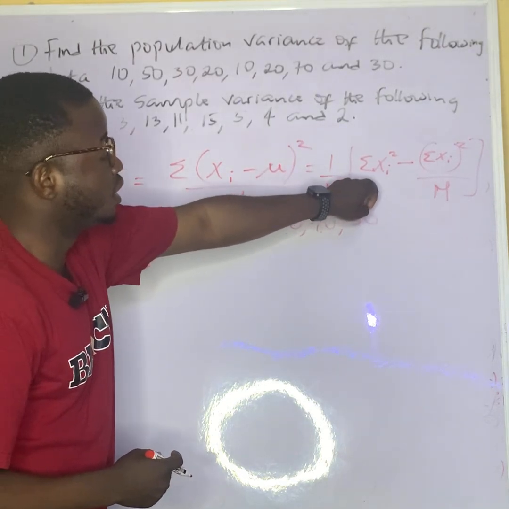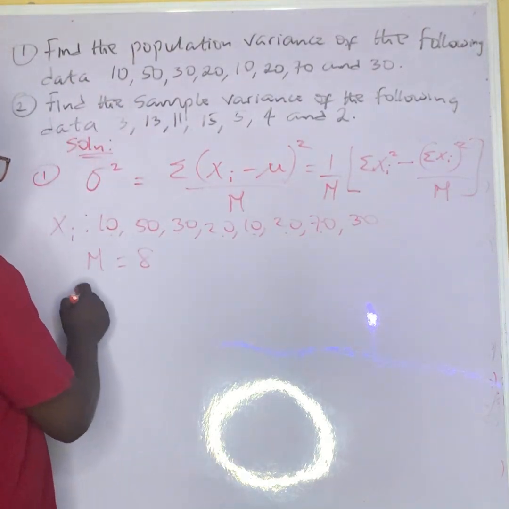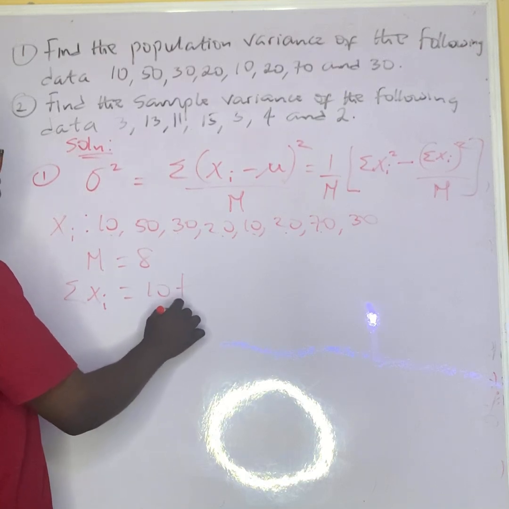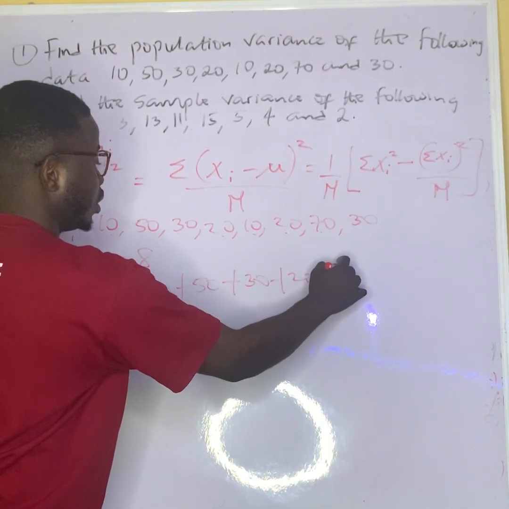Now using the second formula, we need to find summation xi square and summation xi. To get summation xi, we need to find the sum of everything, the total of all the data given.